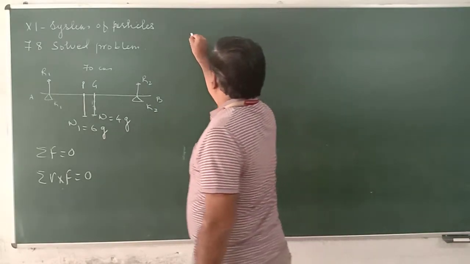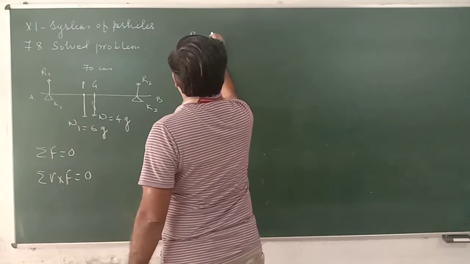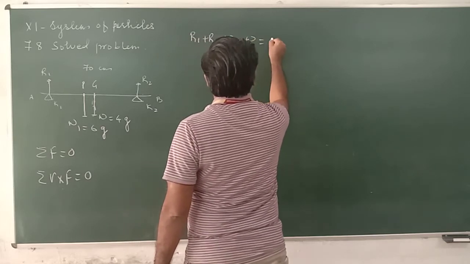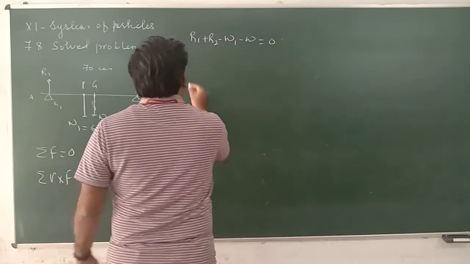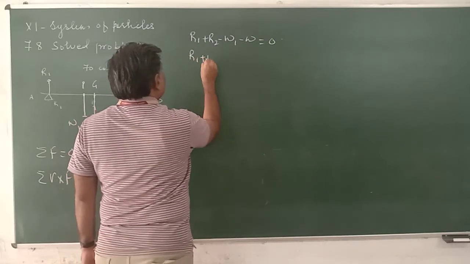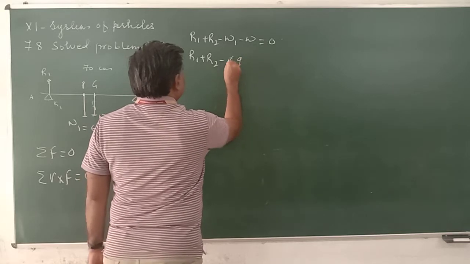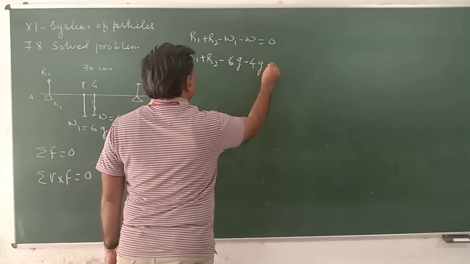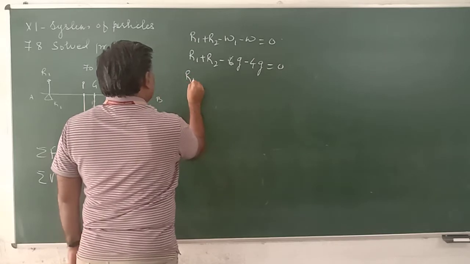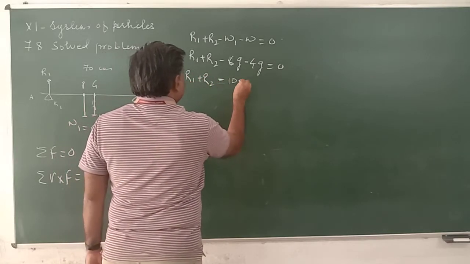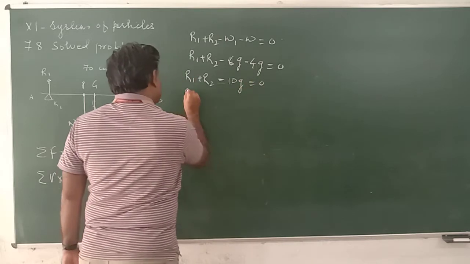We get R1 plus R2 minus W1 minus W equal to 0. We can write it as R1 plus R2 minus 6g minus 4g equal to 0, that is R1 plus R2 minus 10g equal to 0.